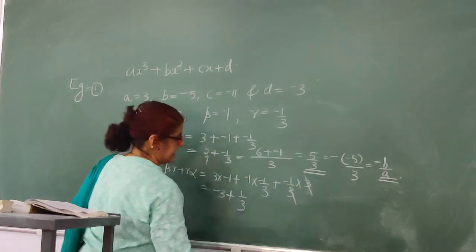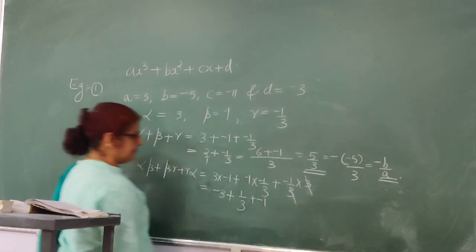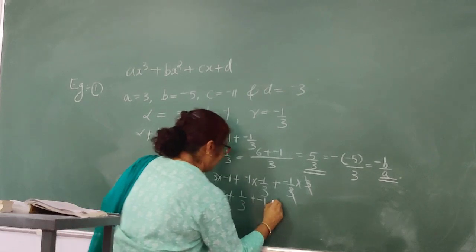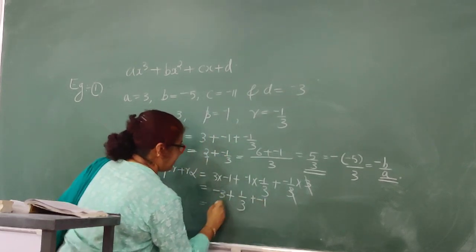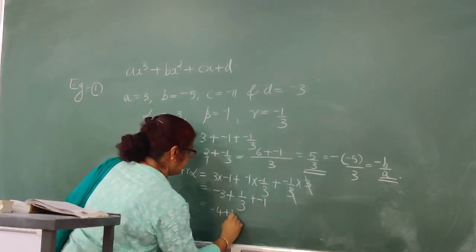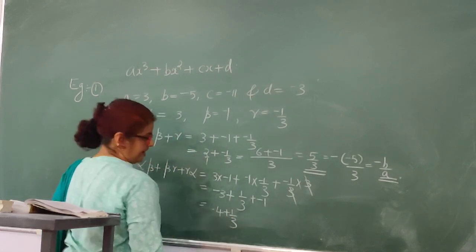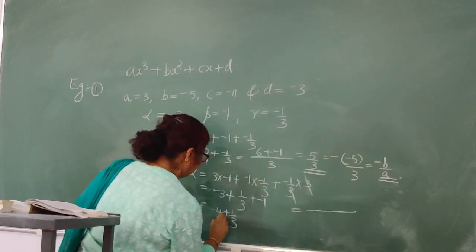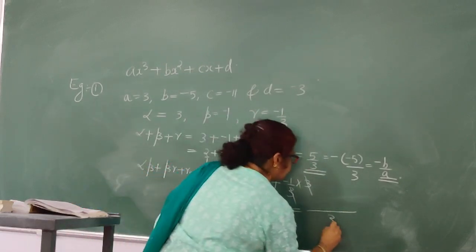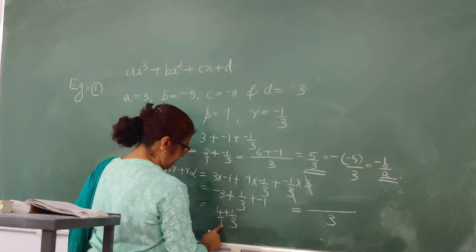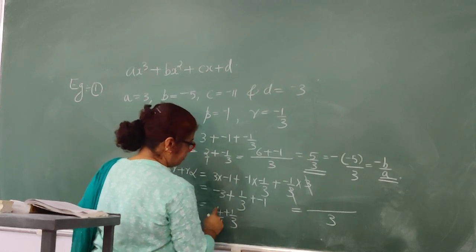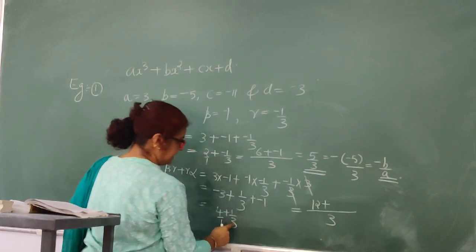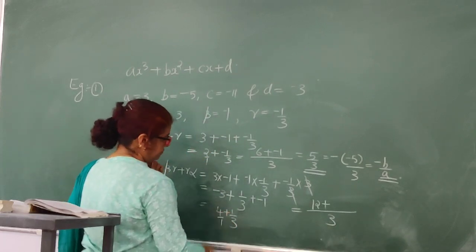Here 3 and 3 cancel, plus minus 1. Minus 3 minus 1 we can combine as minus 4 plus 1 by 3. LCM is 3. 3 into 4, 12.